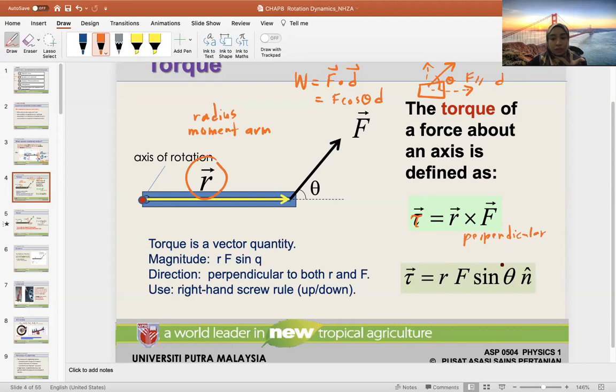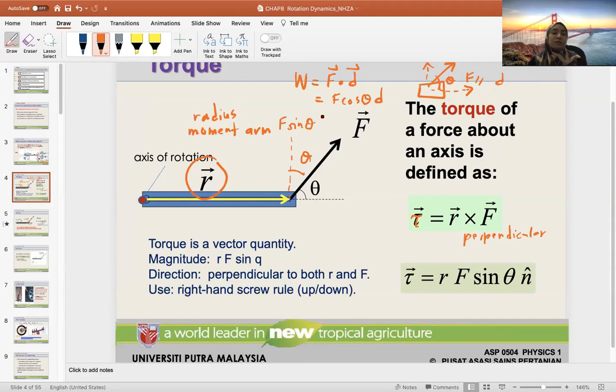Do not use this equation sesuka hati. Because why? Sometimes they give you the angle over here. If that's the case, the F perpendicular becomes F cosine theta. If they give you an angle over here, then yes, it becomes F sine theta.